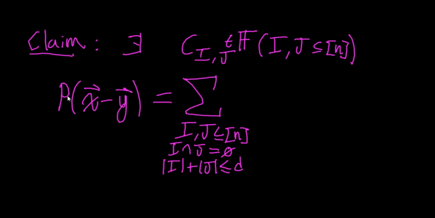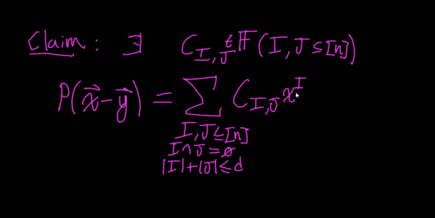They claim that this polynomial evaluated at the difference of these two vectors is the sum over all I and j satisfying these conditions of Cij times x raised to the I.